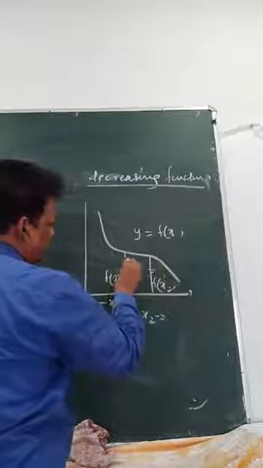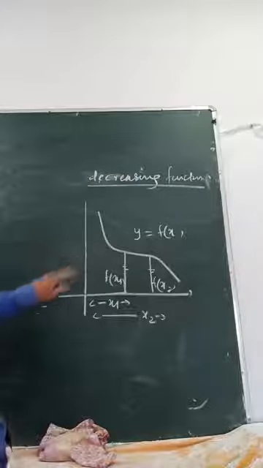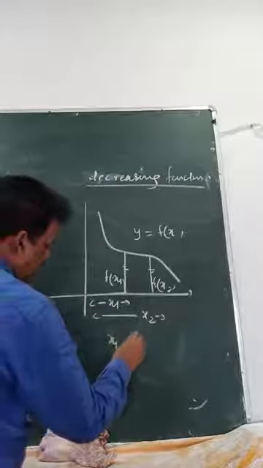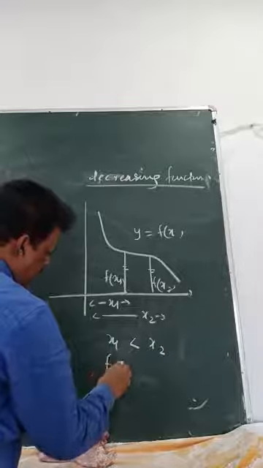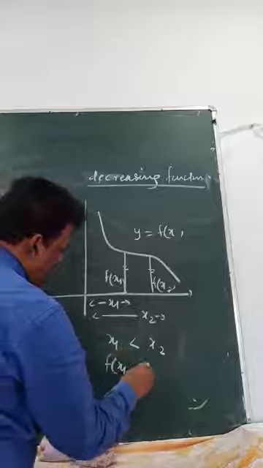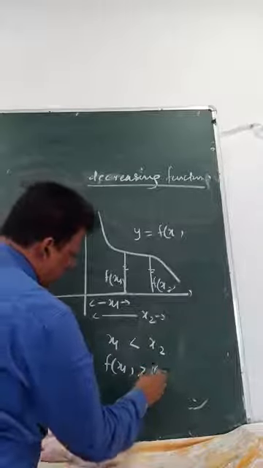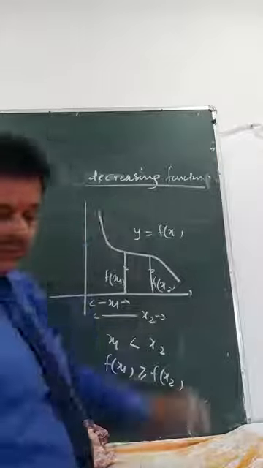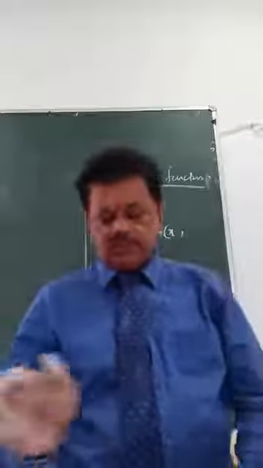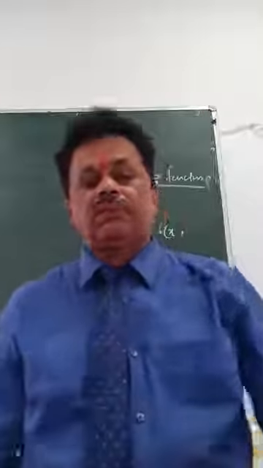These two are equal. So I can write x1 smaller than x2, then f(x1) I can say greater than or equal to f(x2). So decreasing function. So about this we'll discuss in details, taking some problems tomorrow.